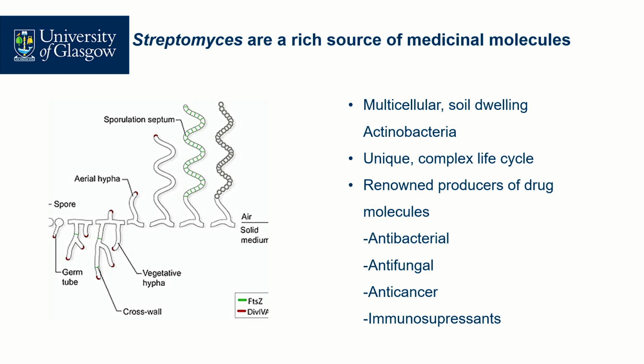They have spores. The spores will germinate, then will form aerial hyphae. We'll see that on an agar plate. They look kind of fluffy like fungi. And it's at this point, and then when they go to form spores, that they'll start to produce a whole host of interesting secondary metabolites. These can be antibacterial, antifungal, even anti-cancer, and immunosuppressants can be produced by streptomyces bacteria.